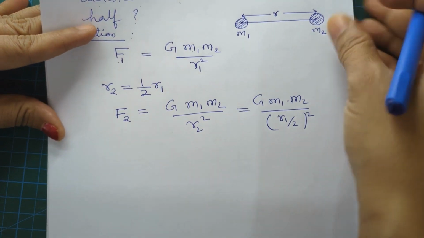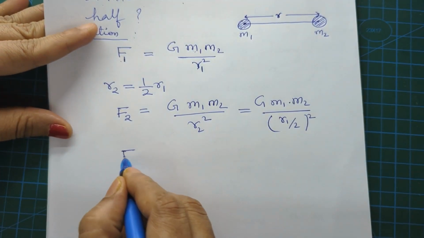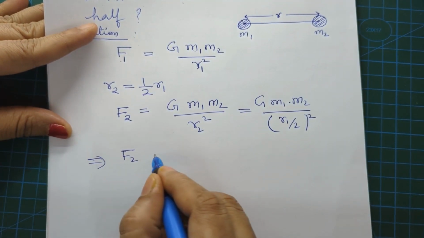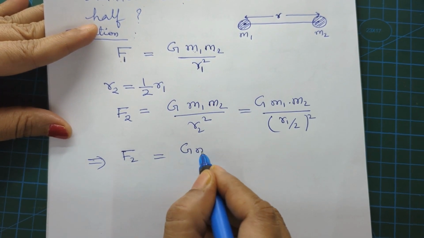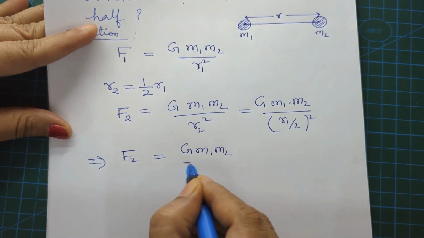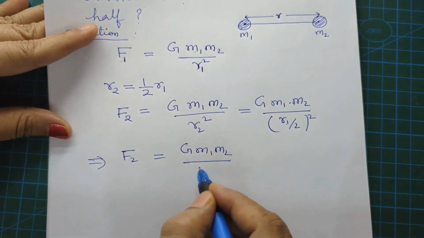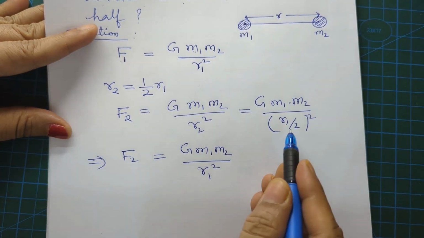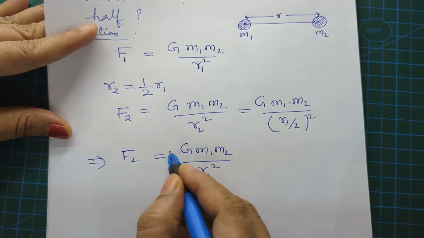So the new force of gravity when the distance of separation is halved is G m1 m2 by r1 square, divided by 2 square, and 4 will go to the numerator.